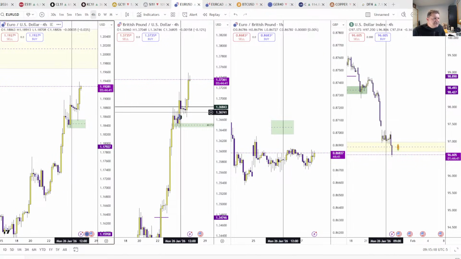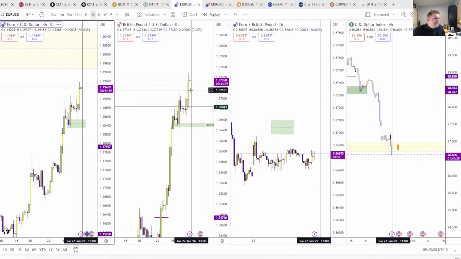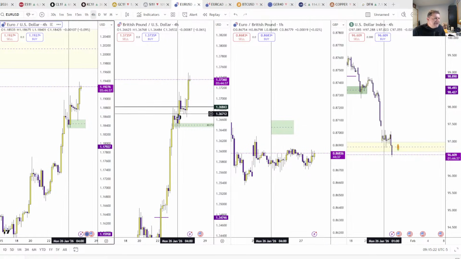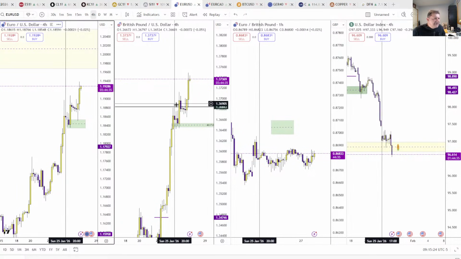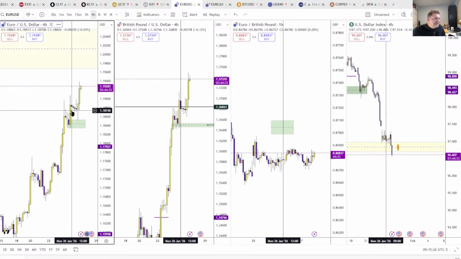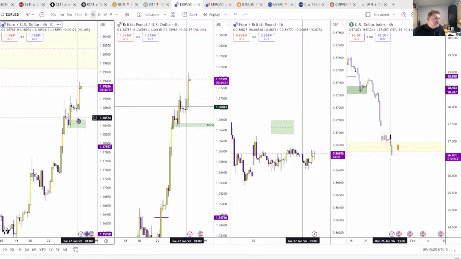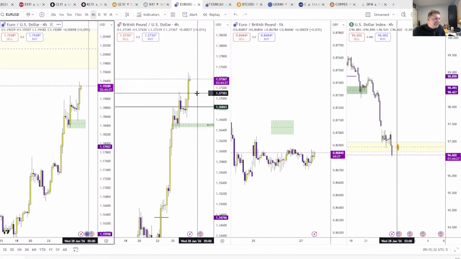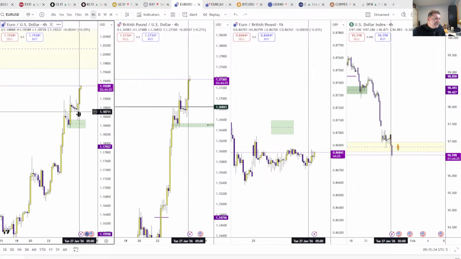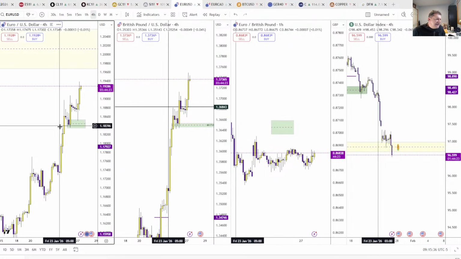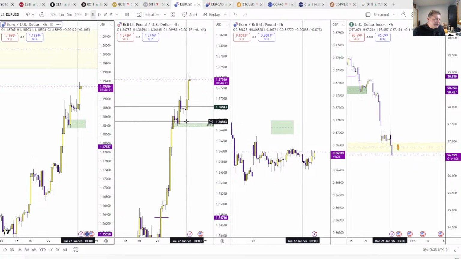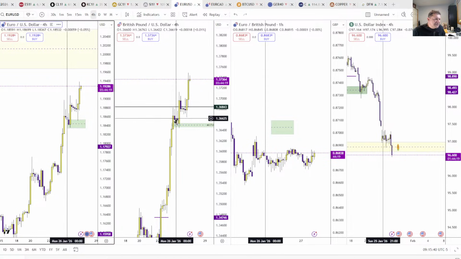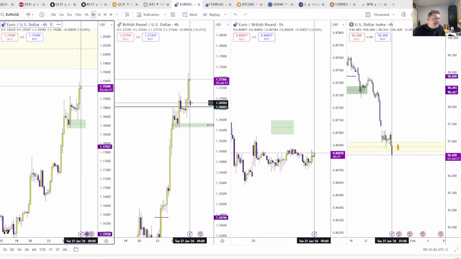So it's the stronger of the two. So even though we have the same, it's not an SMT, even though we both have a lower low. This one dug right into a key level, found support at that. This one just said, no, I'm going to use the order block here. And that's it, send it higher.